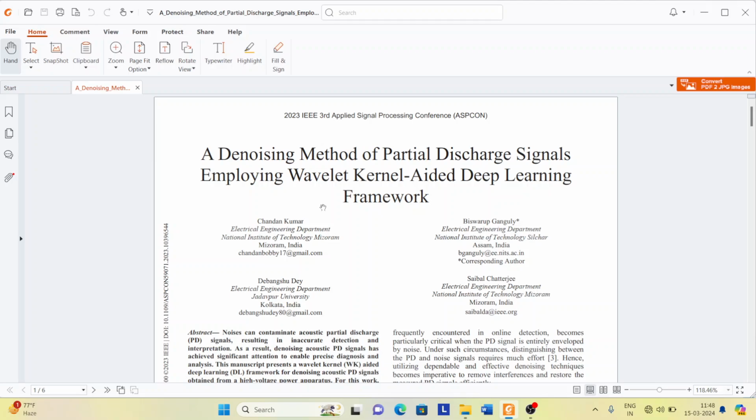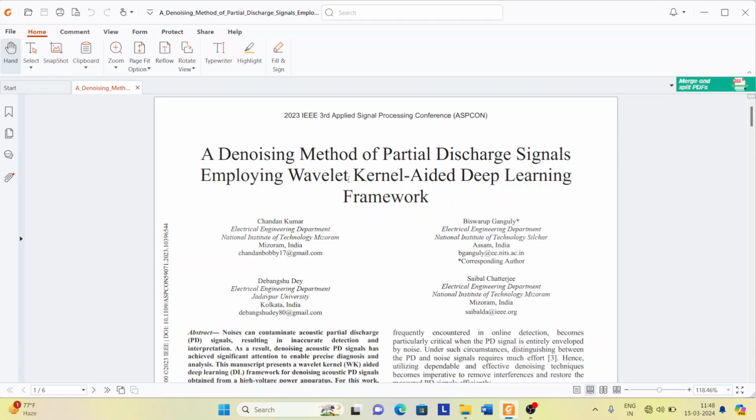Next, I have discussed the challenges posed by the noise in the partial discharge signals and its impact on the accurate detection and analysis. And again, in the introduction part only, I have introduced the concept of denoising methods to enhance the quality of the partial discharge signals for improved analysis.